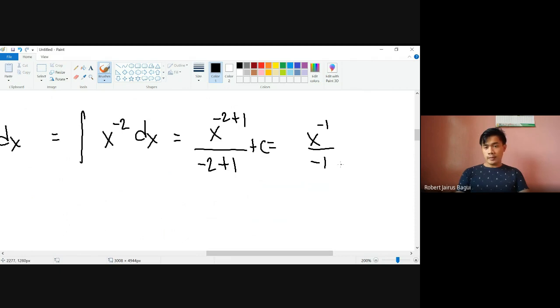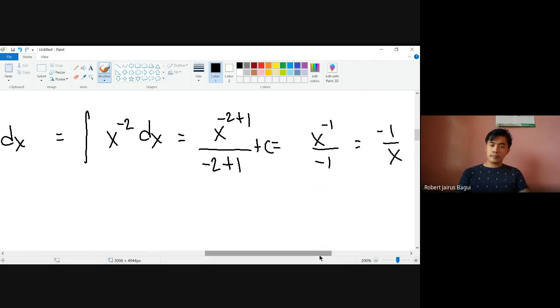Or simply negative, kung iilalim ko siya, parang negative 1 over x. Yung negative sign, pag gantong nag-iisa lang, kahit siya nasa taas, nasa baba, iisa lang naman din yun.